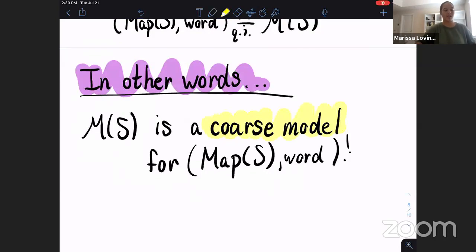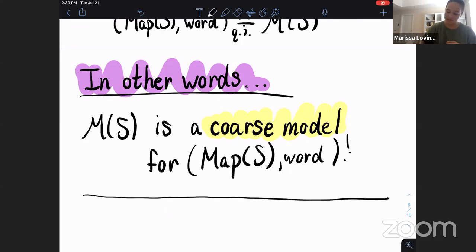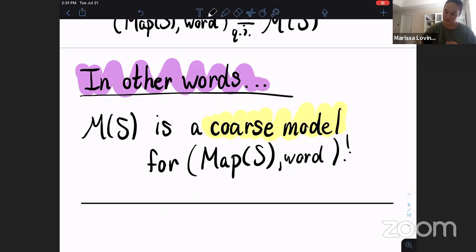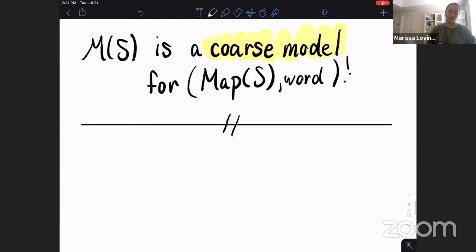We're going to take a little bit of a different flavor for the next little bit, and we're going to talk a bit about a tool called subsurface projection. This is a little bit of a different flavor from what we just talked about.